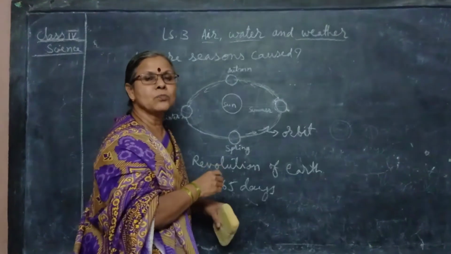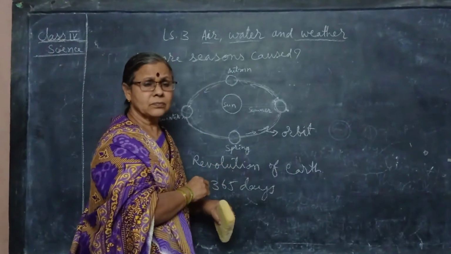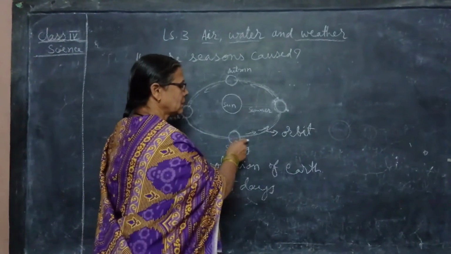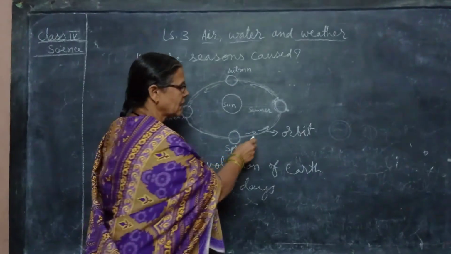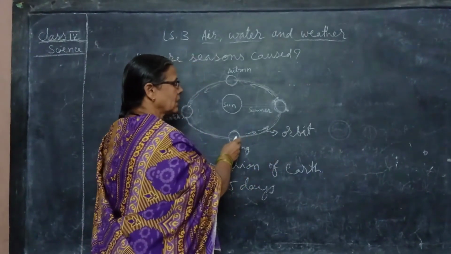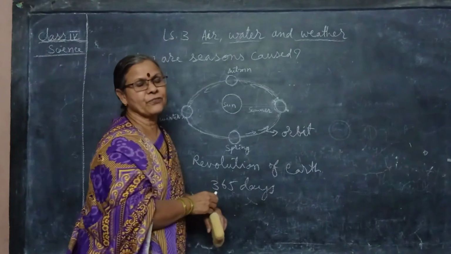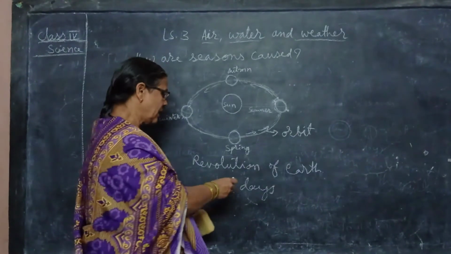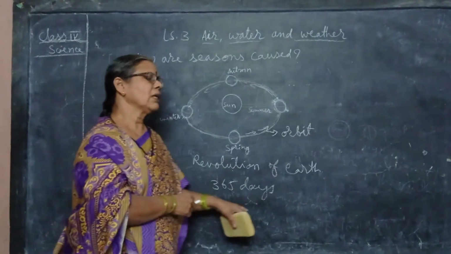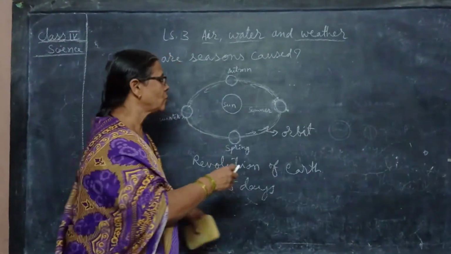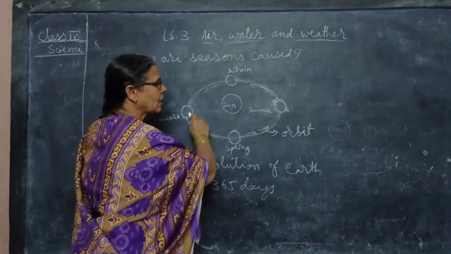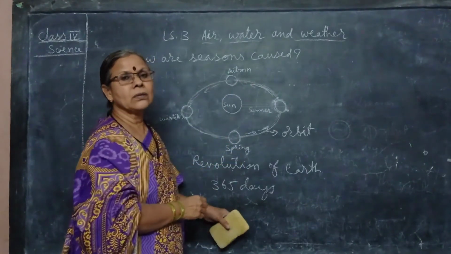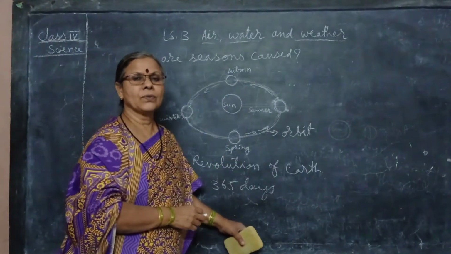The earth moves around the sun on a fixed path called orbit. It takes 365 days to complete one movement, and it is called the revolution of the earth.